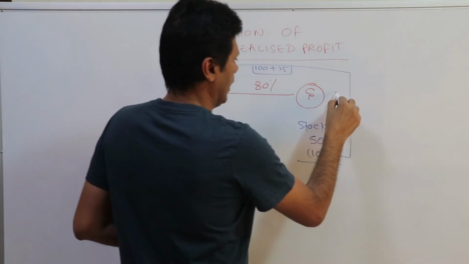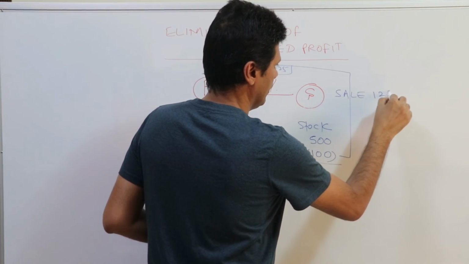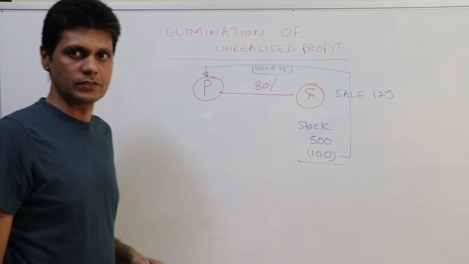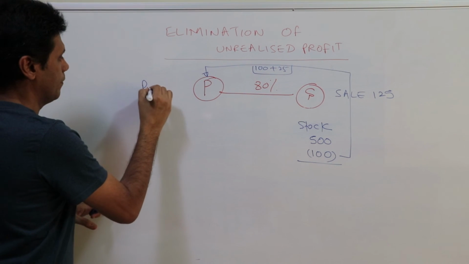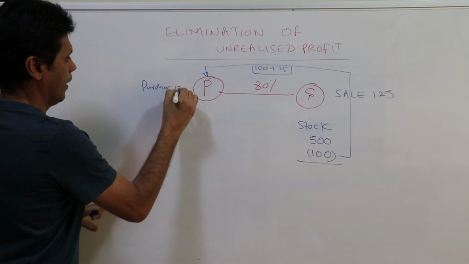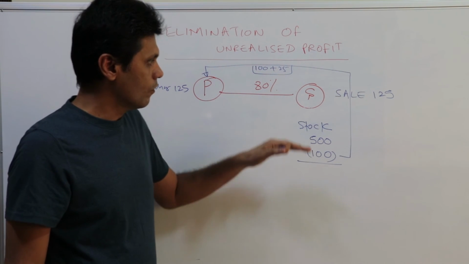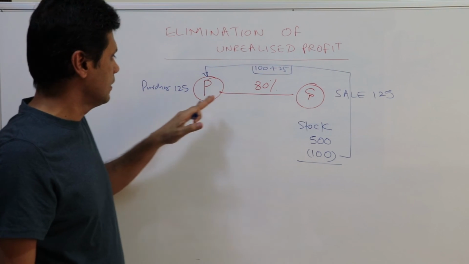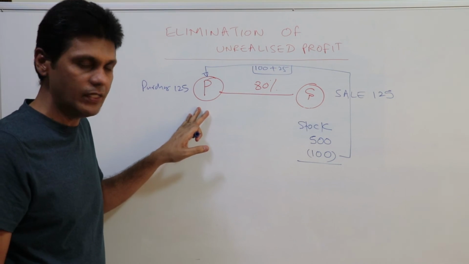As far as S is concerned, they made a sale of $125. As far as P company is concerned, they made a purchase of $125. Now, since S has sold goods to P, who has recorded the profit?